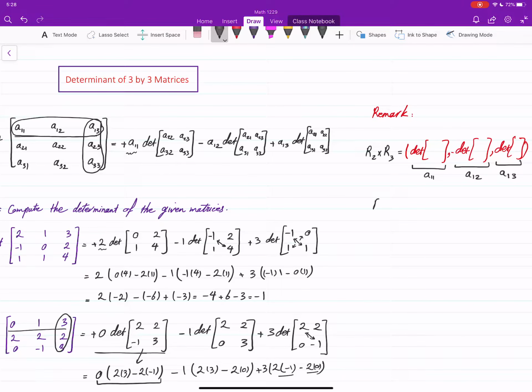Remember, this is a dot product. So row 1 dot row 2 cross row 3 is actually what we now call the determinant of A. This relation is something you can use, and at least see the similarities and know that you have already seen these kinds of formulas. Okay.